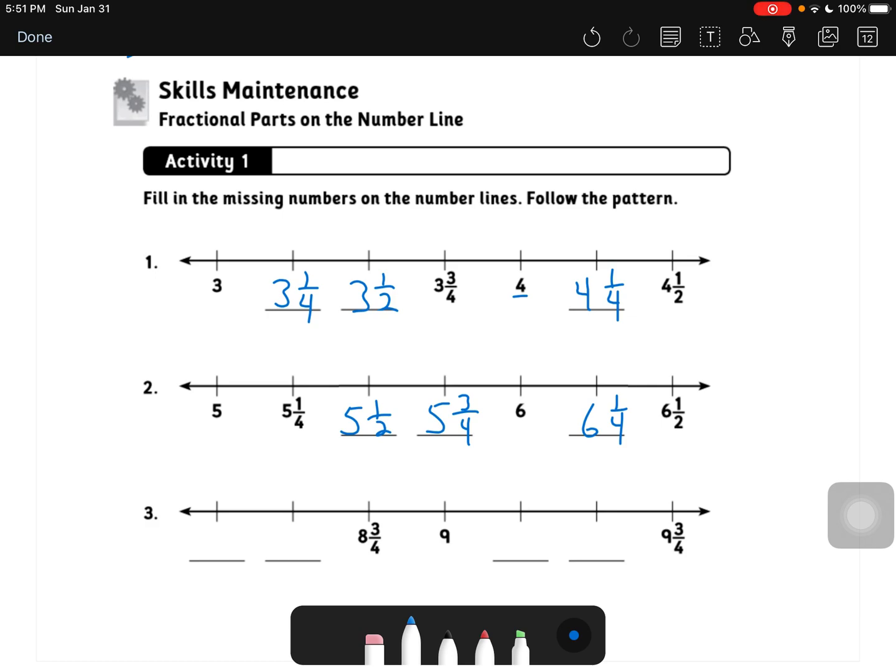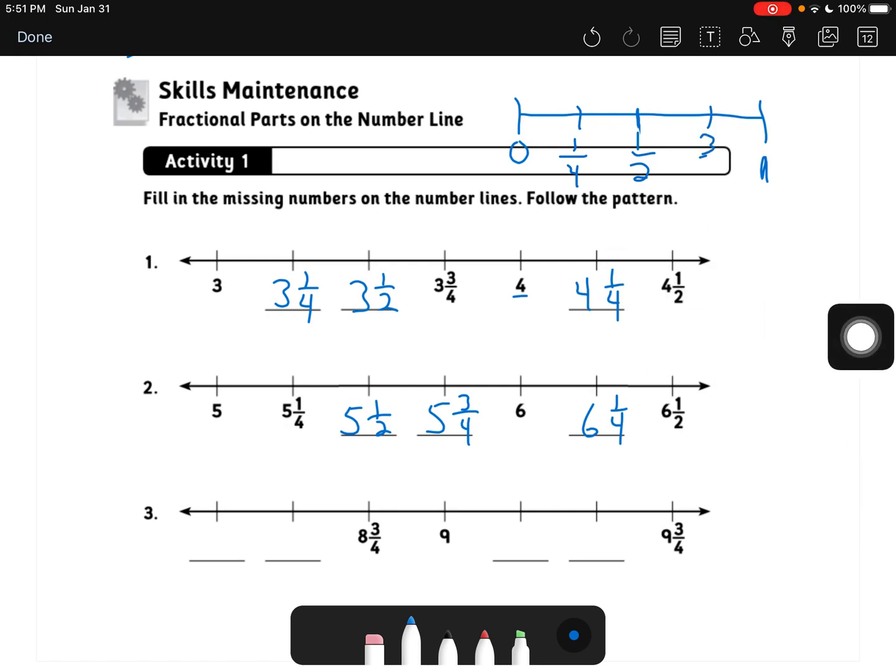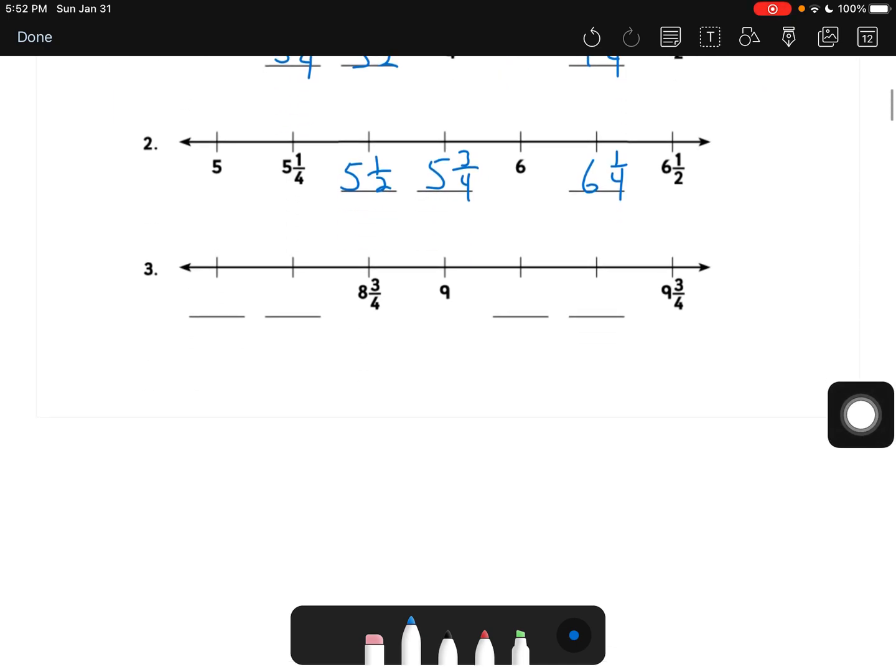When you break things into fourths, if you break it into 4 equal parts, so if I'm starting at 0 and then ending at 1, right in the middle is 1/2, but then the first one is 1/4, and then the second would be 2/4 or 1/2, and then we'd have 3/4. So that's a common pattern to go 1/4, 1/2, 3/4, and then the next whole number.